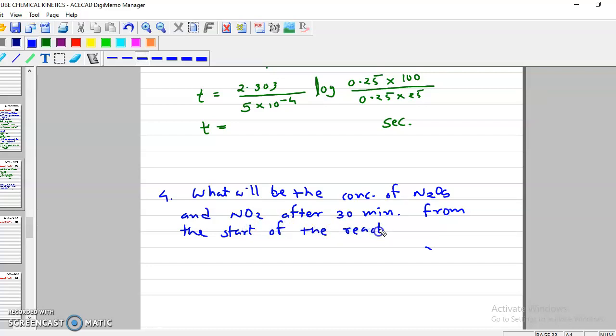So here time is given, and now you have to find out the concentration of N2O5 and NO2 after 30 minutes.